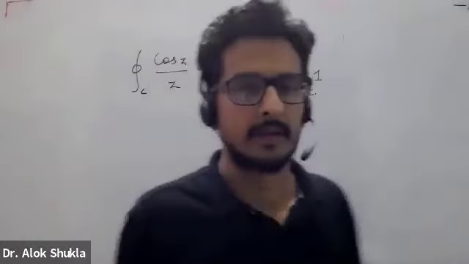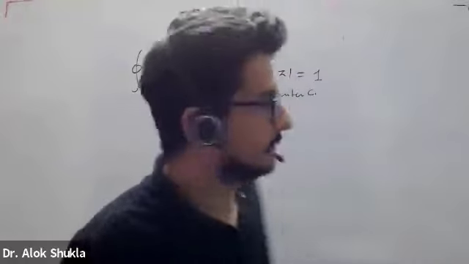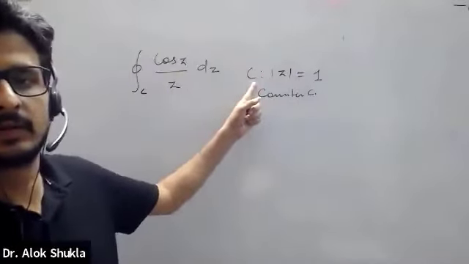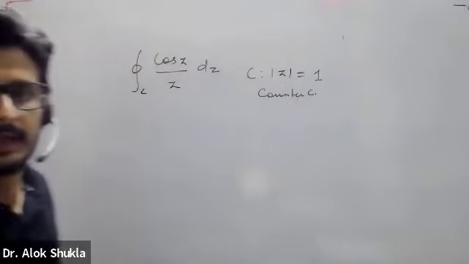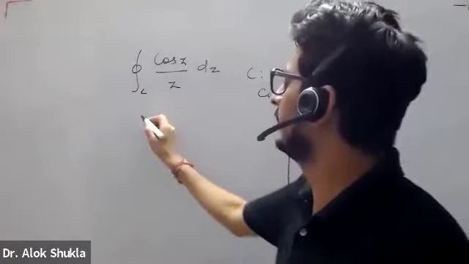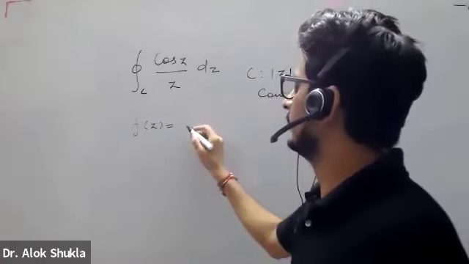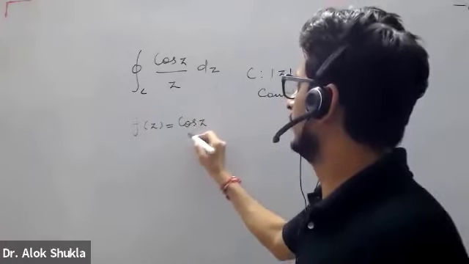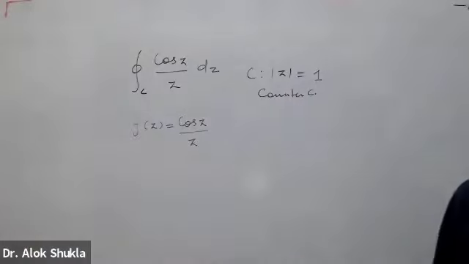Okay, so some contour integration is given, and this time the definition of C is also given. Like I told you, this will be given in every question, and the first step is to know the function f(z), and that function is given by cos of z upon z.